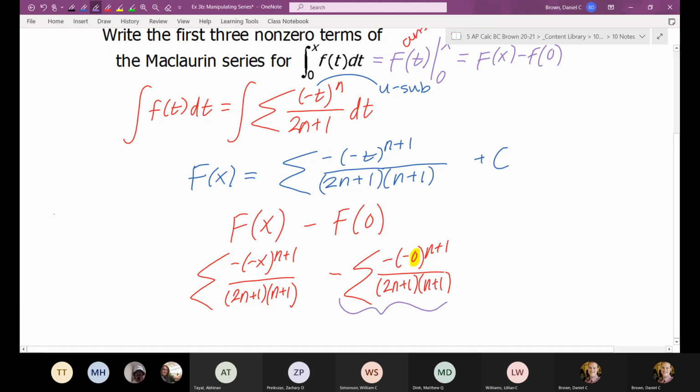0. n can only be a positive integer, right? And n is a positive integer because we're starting at n equal to 1. I didn't write that on there, but it's implied that we're still starting at 1 to infinity. So what is the integral of this going to be equal to?